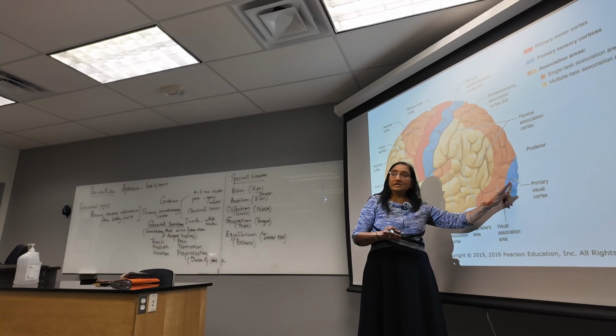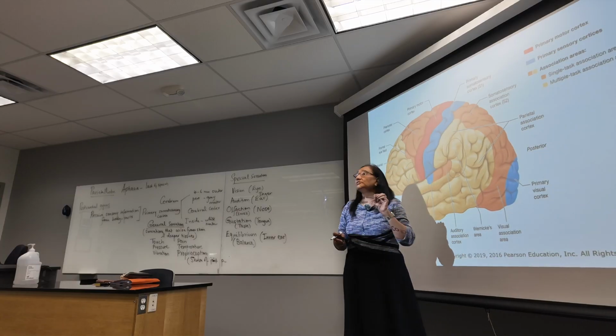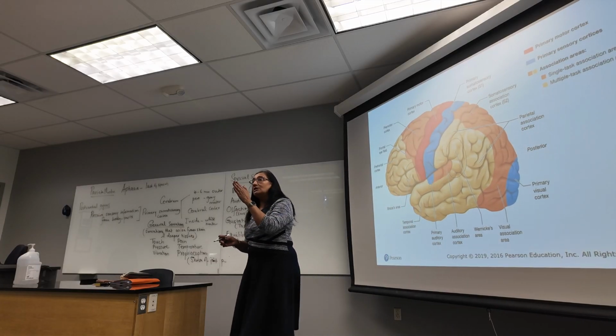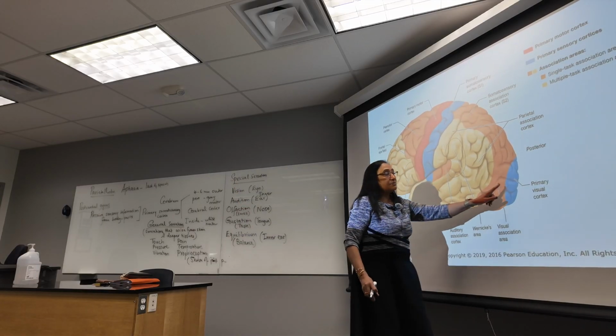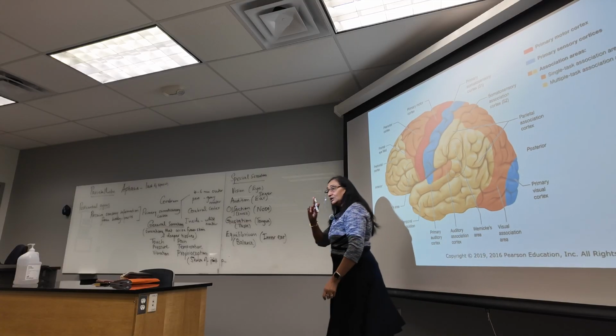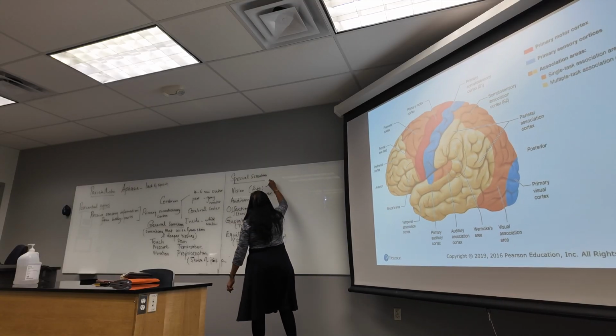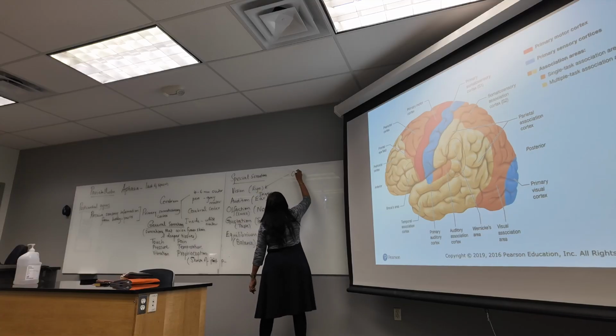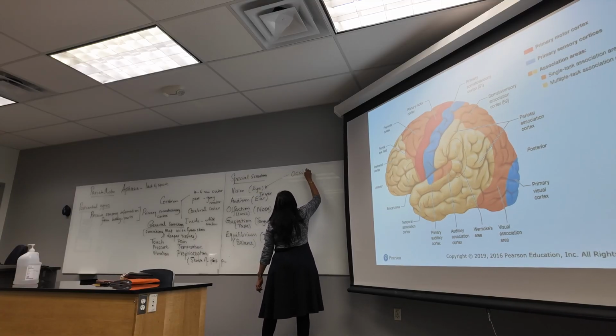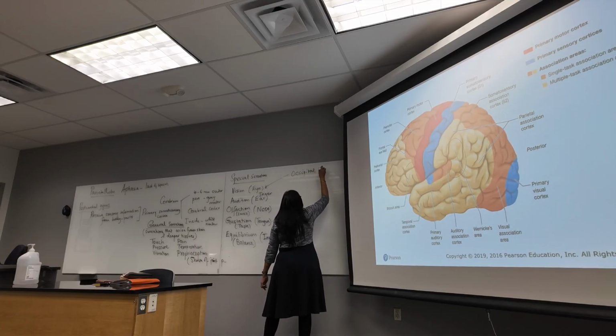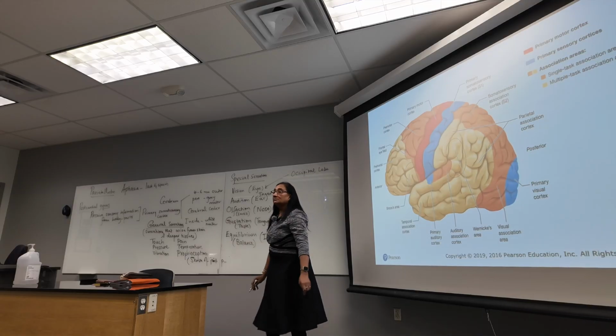The neurons here are referred to as the primary visual cortex. So, occipital lobe is concerned with vision.